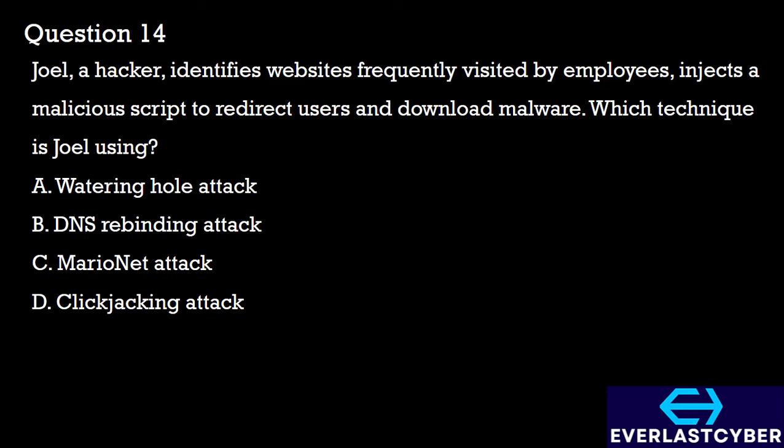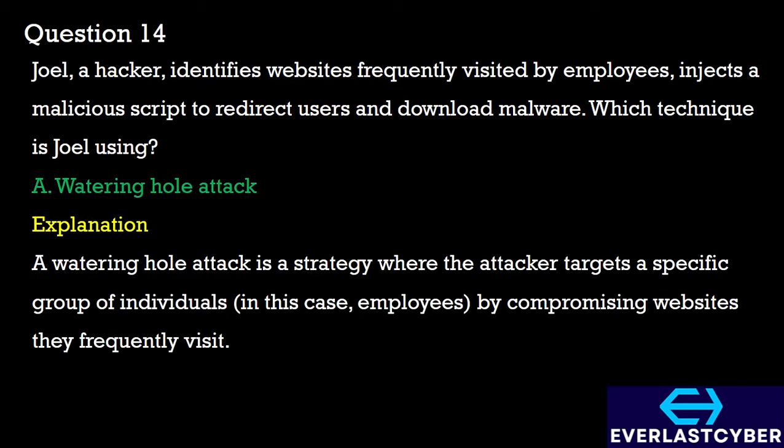And in option D, a clickjacking attack involves tricking a user into clicking on something different from what they think they are clicking on, typically by hiding the malicious element under a legitimate button. However, it is not related to injecting scripts on websites visited by the victim. So, the option that best describes the technique being used in this scenario is option A, the watering hole attack.